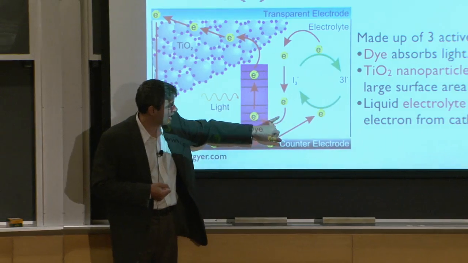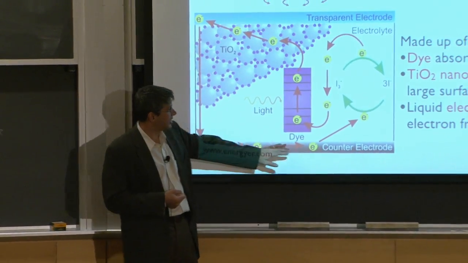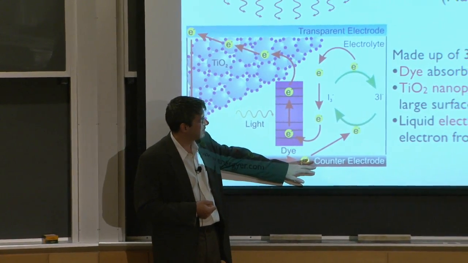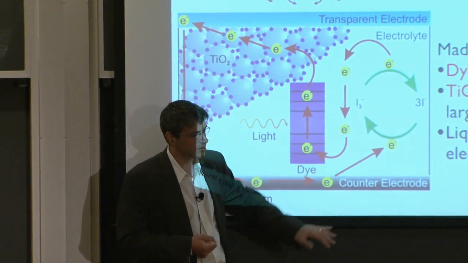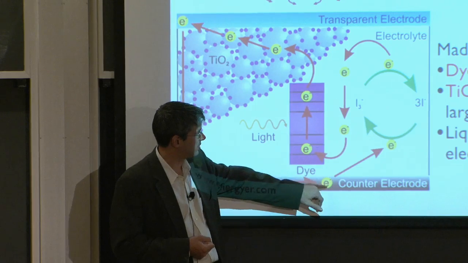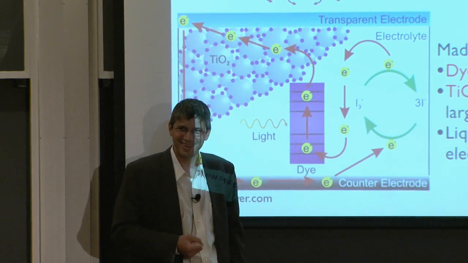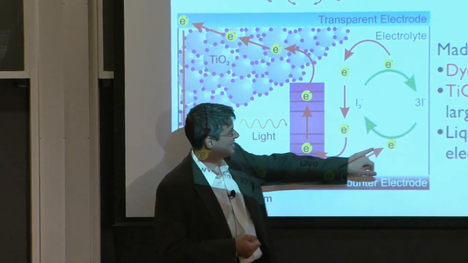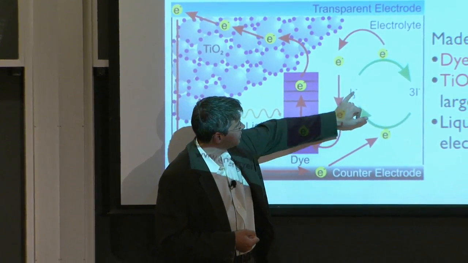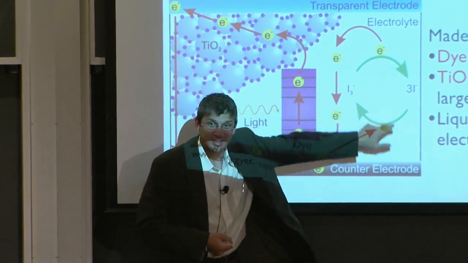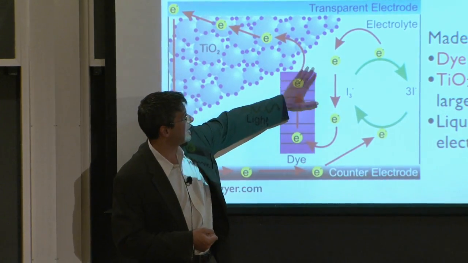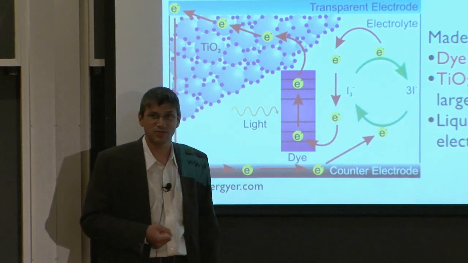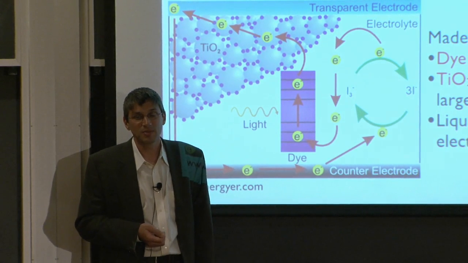And the way you get it back is you get it back from the cathode, okay, through an electrolyte, which is basically just shipping electrons, right, from this metal electrode over to the dye. It's just an iodine solution. Very cheap, but it's just an electron.